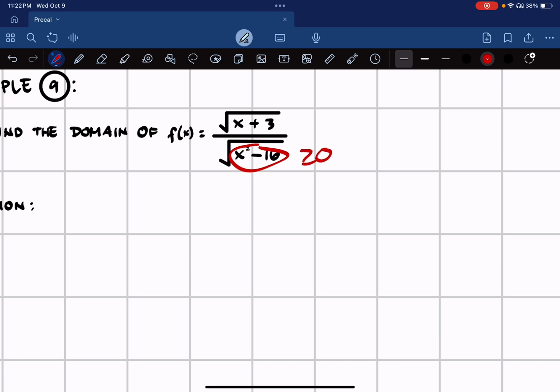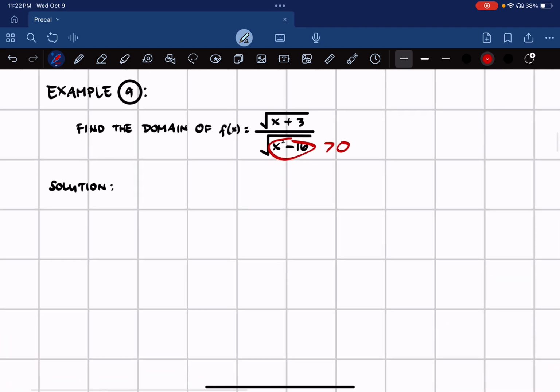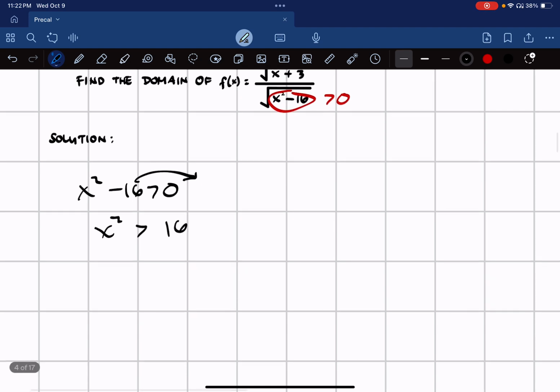But since it is the denominator, it must not be equal to 0. So greater than 0 only. Solving x squared minus 16 greater than 0, transpose, x squared is greater than 16, so x is greater than 4 or less than negative 4.